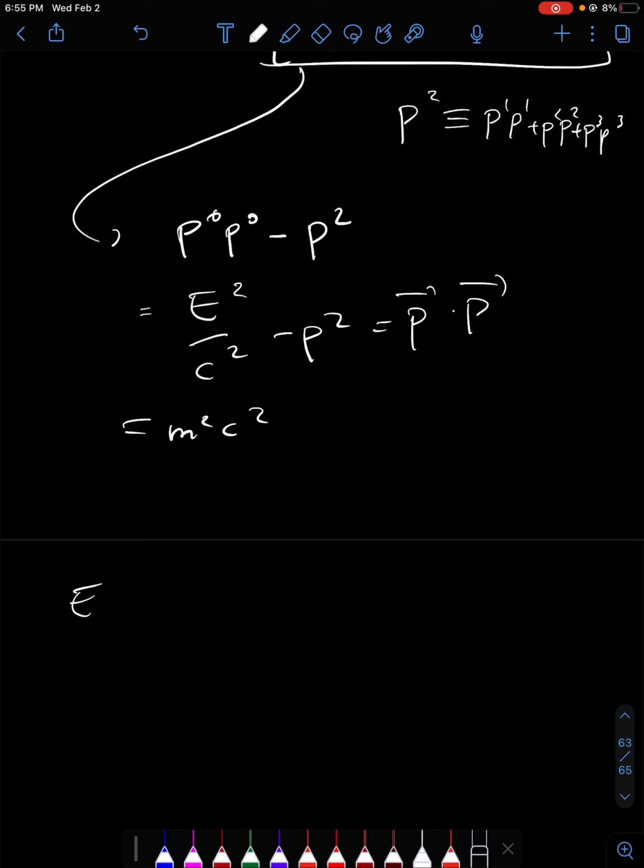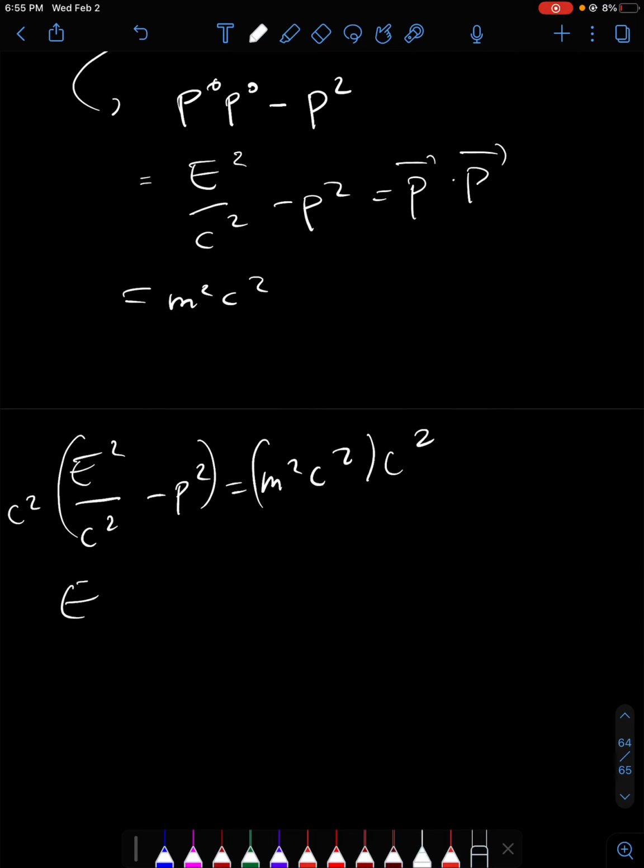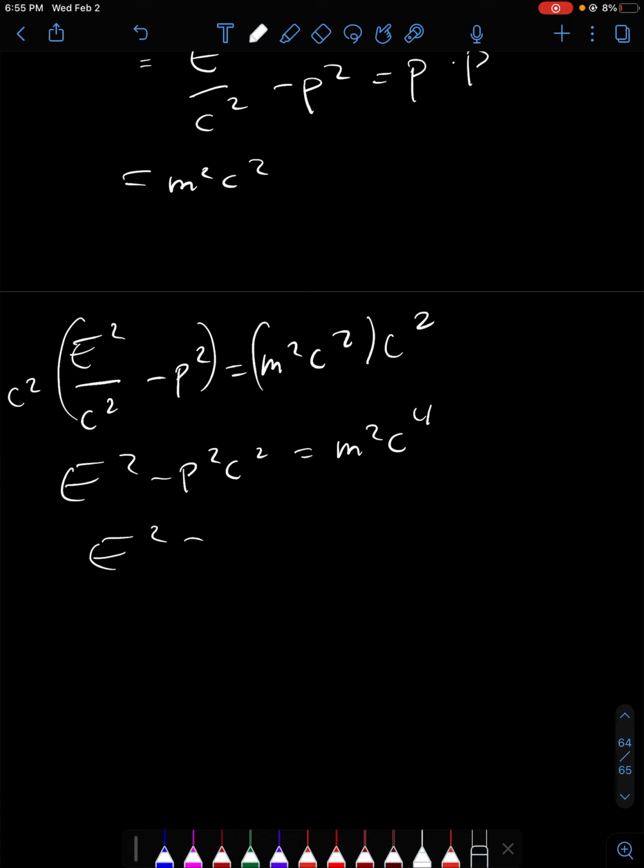So now we have e squared over c squared minus p squared equals m squared c squared. We can multiply both sides by c squared to get e squared minus p squared c squared equals m squared c to the fourth. Then we have e squared equals p squared c squared plus m squared c to the fourth.